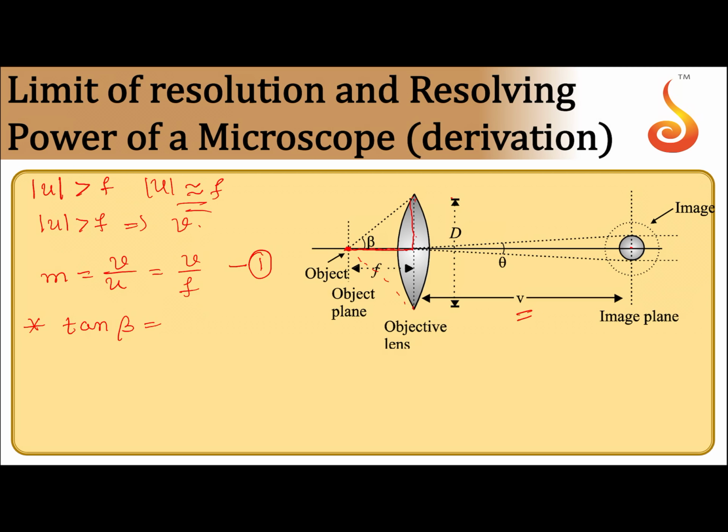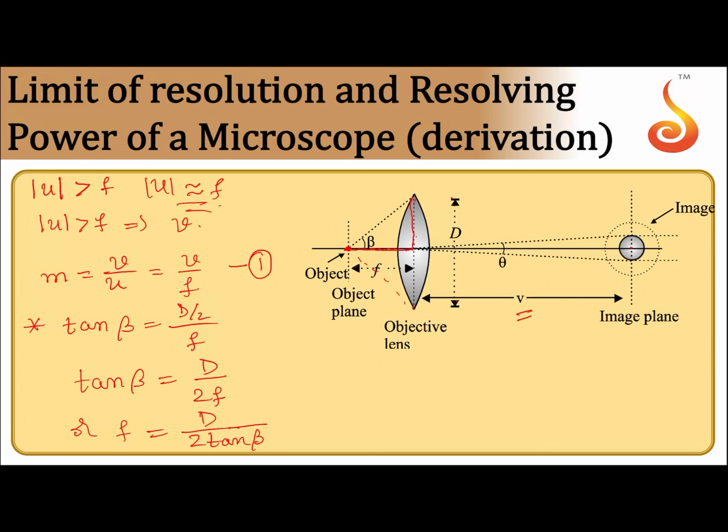Opposite is, this total distance is d, this is half of it, so it should be d by 2, divided by this distance u, u is roughly equal to f. So, we will get tan beta is equal to d by 2f, or you will get f is equal to d divided by 2 tan beta.